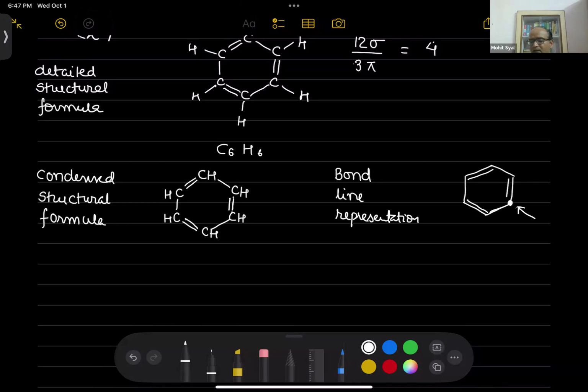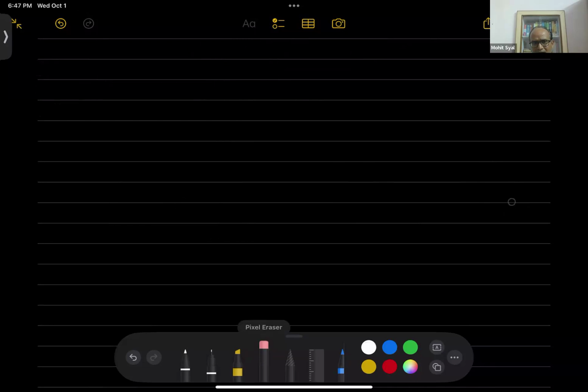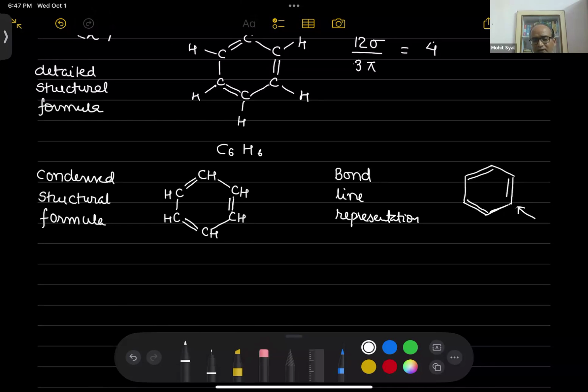Is it clear or not? But the carbon is tetravalent. So where is the fourth bond? Is the structure incorrect? The structure is not incorrect. It's the way to represent it. If the fourth bond is not written, it is hydrogen. Is it clear? So the hydrogen atom is obvious.